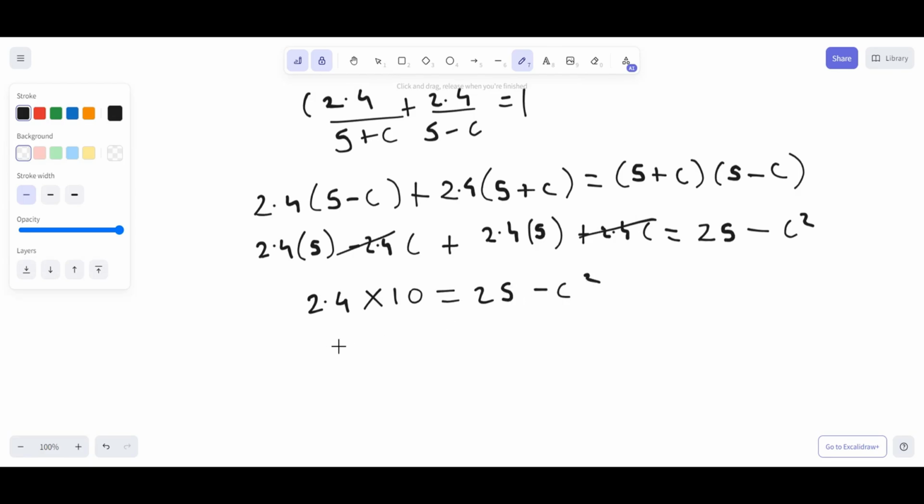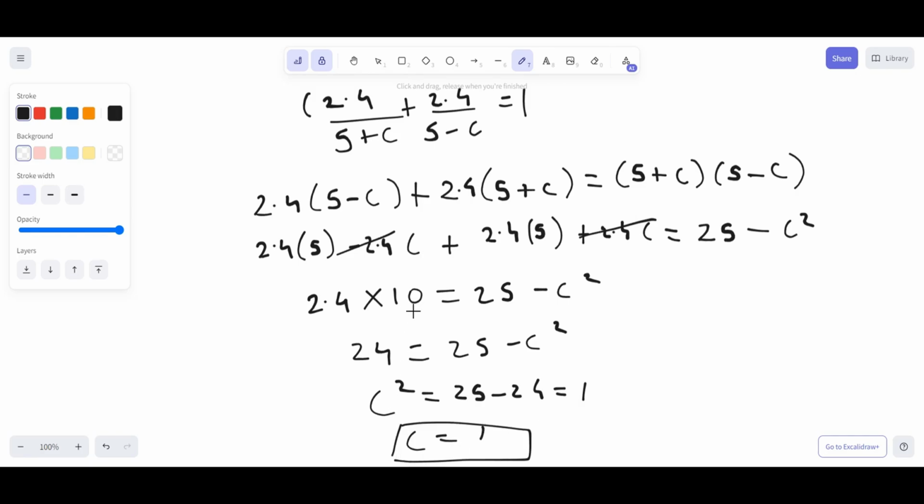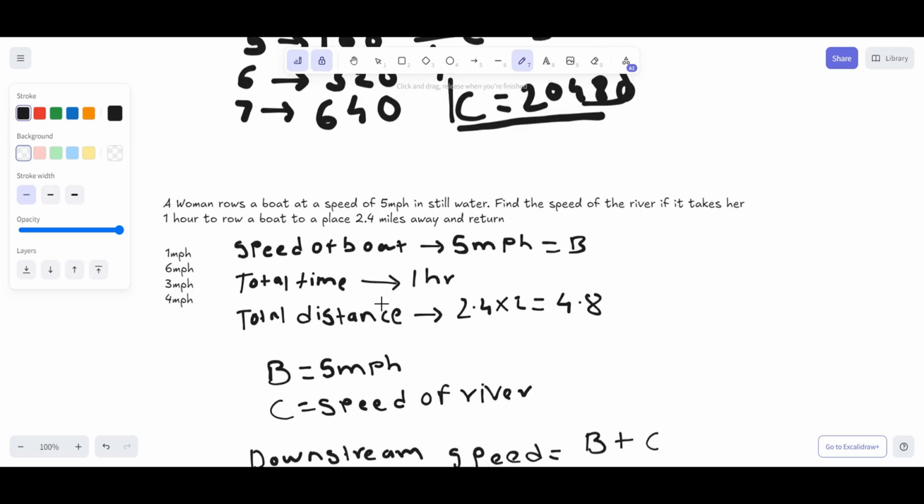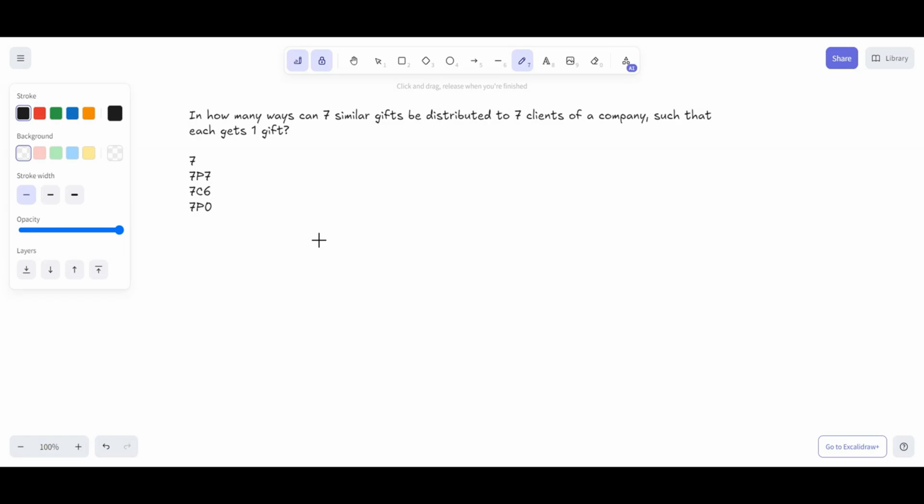So 24 equals 25 minus c square. So the value of c square is 25 minus 24, that is equal to 1. And if we take the root, it becomes 1. So the correct answer is 1, 1 mile per hour. This is quite an easy problem.